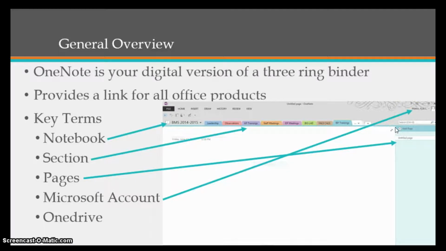But for right now, I have mine linked through my own personal Microsoft account. And it allows me to really access my stuff anywhere I want to through Microsoft's OneDrive, which is where ultimately all this stuff can be saved. So let's keep going and look at some more stuff.